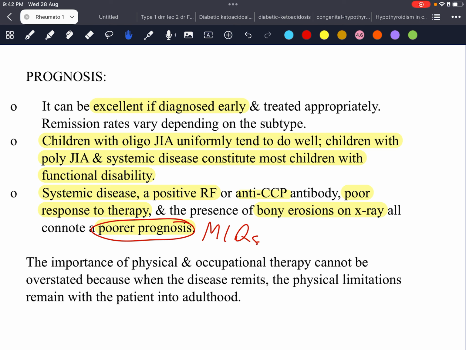What are the poor prognostic factors in juvenile idiopathic arthritis? When we have systemic disease, when the rheumatoid factor or anti-CCP antibodies are positive, when there is poor response to therapy, or when the X-ray shows bone erosion.